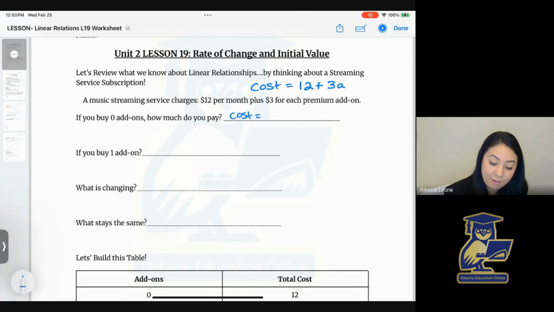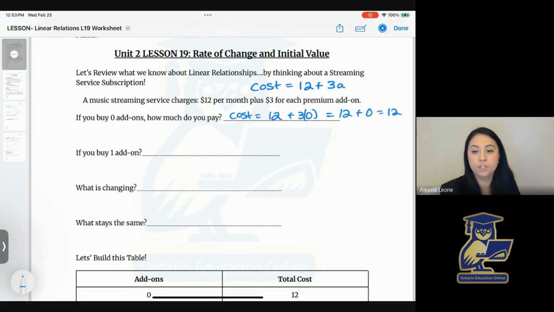If we get 0 add-ons, we can solve for this. 12 plus 0 is just 12. So if we get no add-ons, we are just paying our $12 a month fee. What happens if we buy 1 add-on?